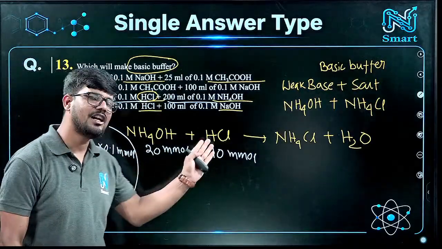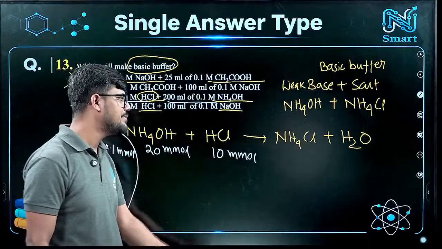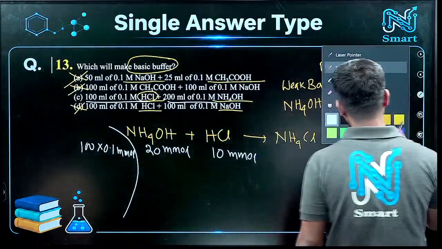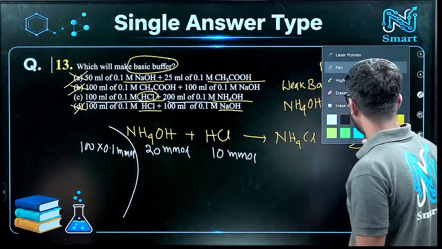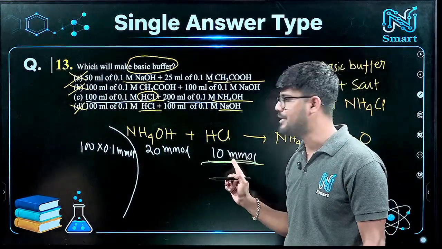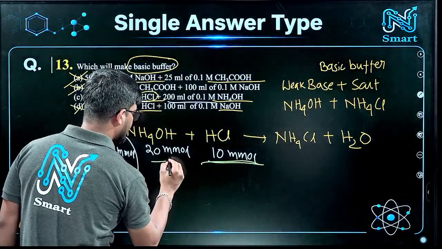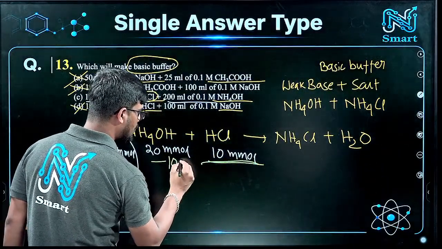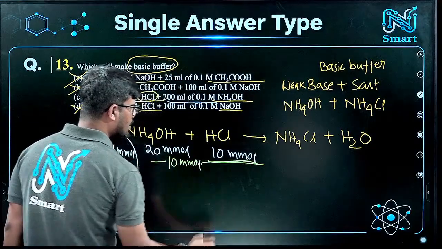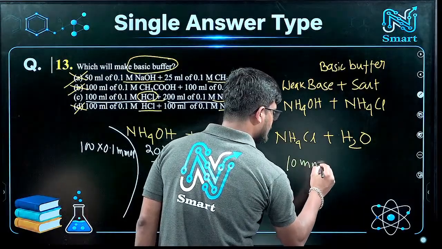Now when acid and base react, they will neutralize each other. Here HCl is the limiting agent, because we have the lesser mole number here. So 10 millimole of HCl will take 10 millimole of NH4OH, and it will form 10 millimole of NH4Cl.